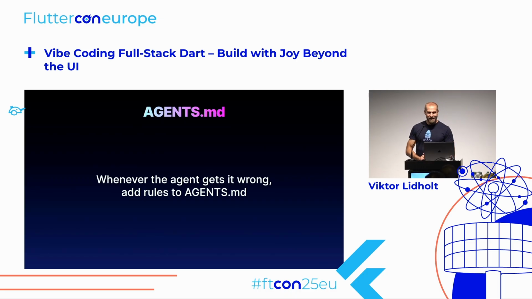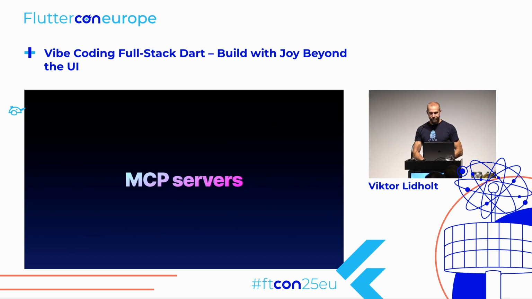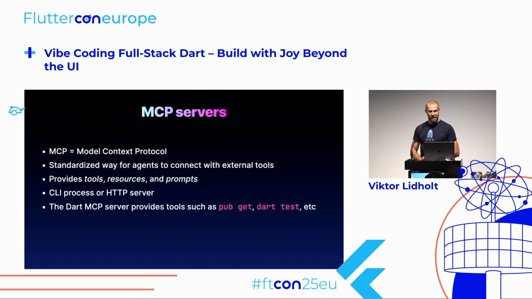All right, next we are going to have a look at MCP servers. And that's the Model Context Protocol. So it's basically a small little server. It can either be like a CLI process or an HTTP server. I think most commonly it's a CLI tool.